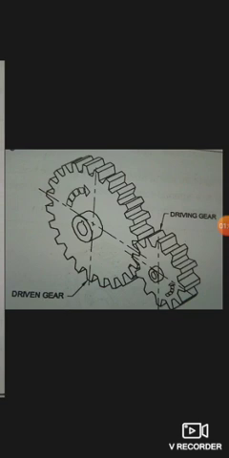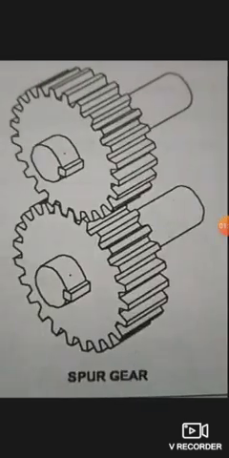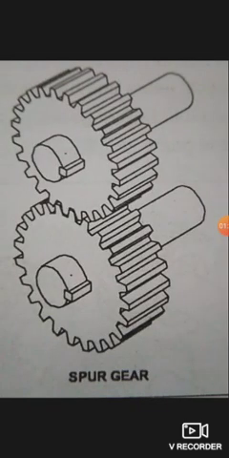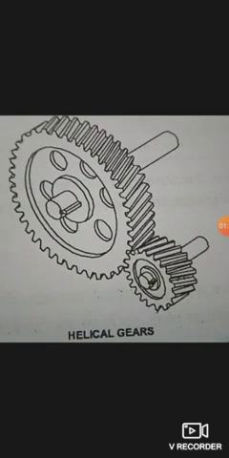When the shafts are at short distances, this type of gear drive is used. And this is also a spur gear drive. Here also there is one driver gear and one driven gear.